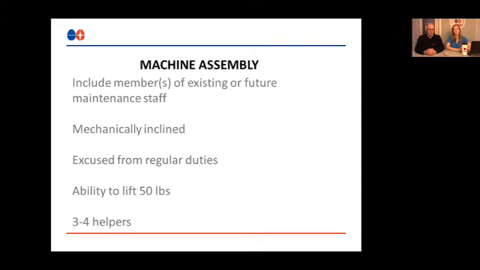It's not unreasonable to think these machines are going to be standing for 20 to 30 years. So it's important to have the maintenance staff involved. So once again, to improve and contribute to a quality installation.